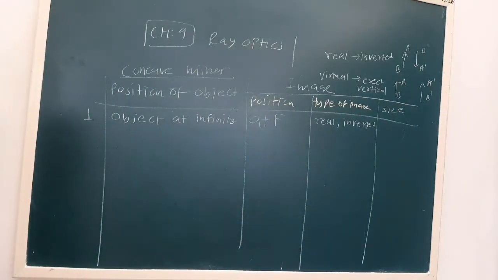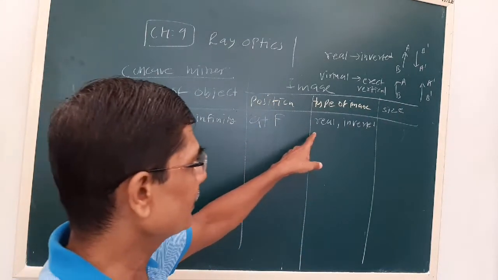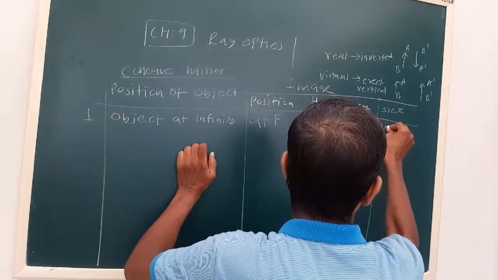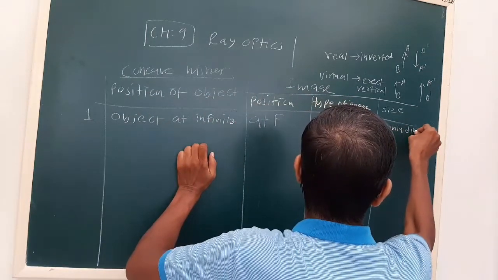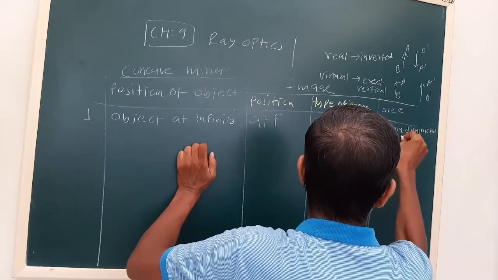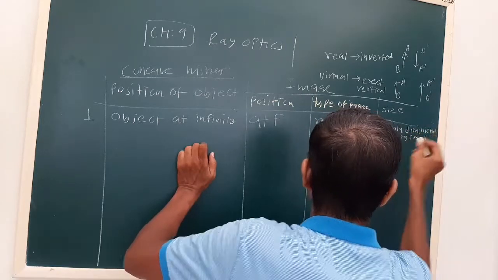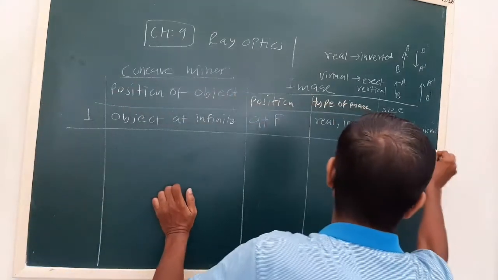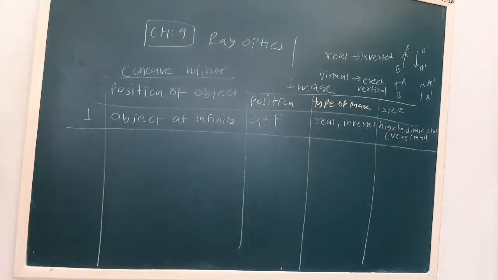So when the object is at infinity, the image will be real and inverted, and it will be highly diminished, meaning very small. We'll try to see that in one of the numericals that we come across.